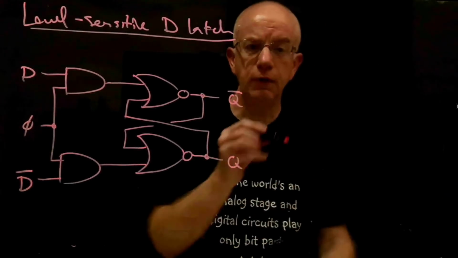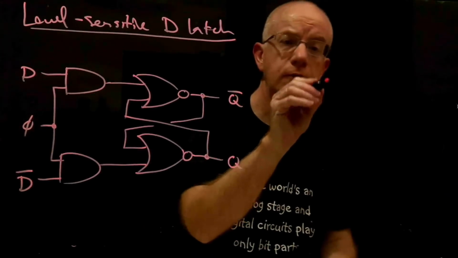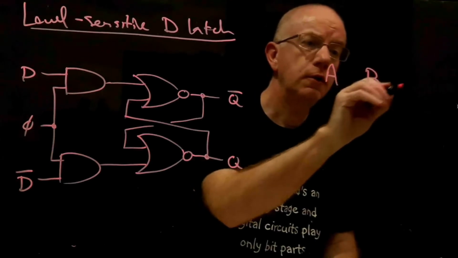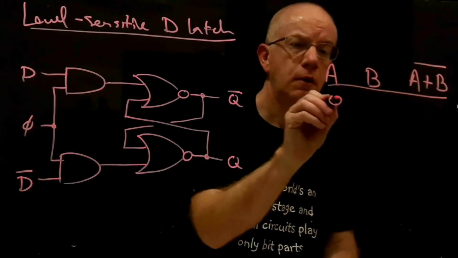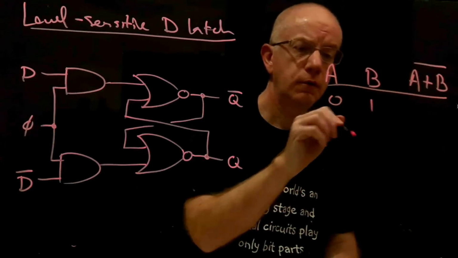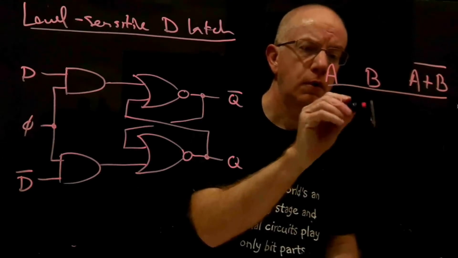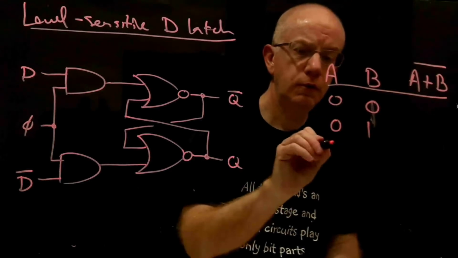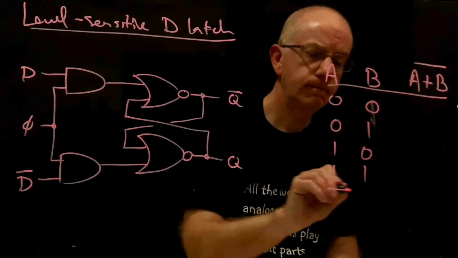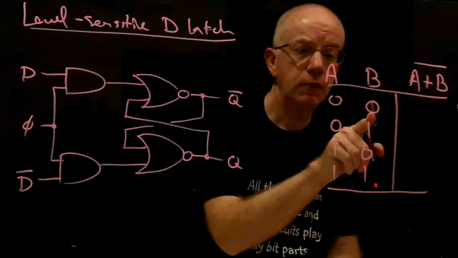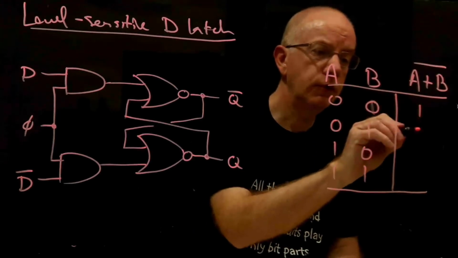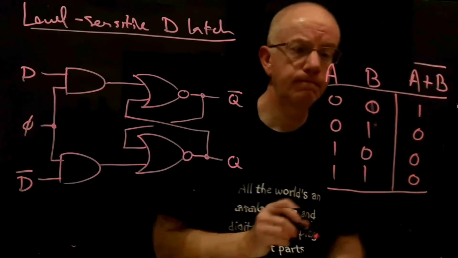Let's just check that out. So if we have A, B, and A NOR B, 0, 0, 0, 1, 1, 0, 1, 1. And so NOR would be 1, 0, 0, 0.